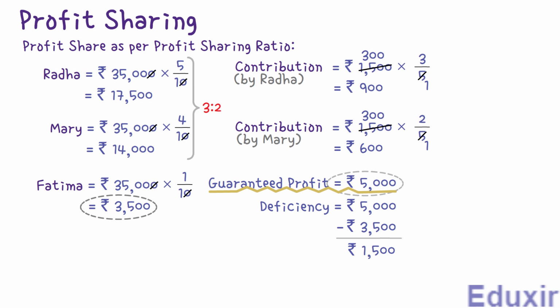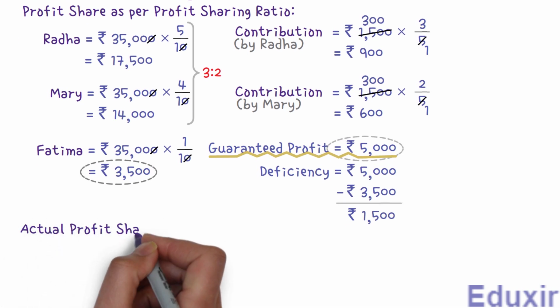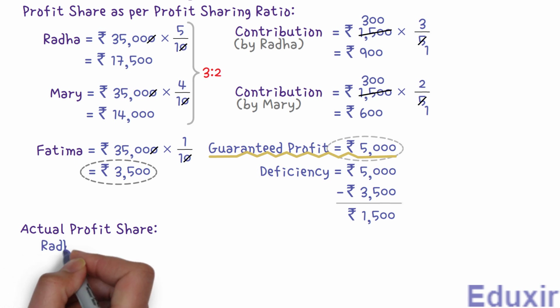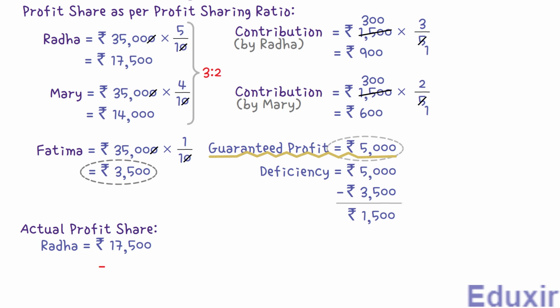Considering these contributions, let us now find how much is the actual profit share of each of the partners. Now, the actual profit share of the partner Radha is equal to her share of profit as per the profit sharing ratio, which is 17,500 rupees, minus her contribution to the deficiency in partner Fatima's profit share, which is equal to 900 rupees.